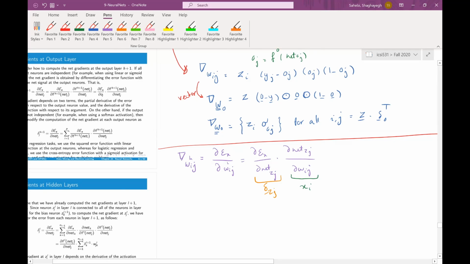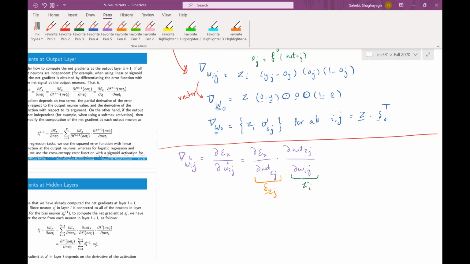But when we have different layers, then this is not going to be x anymore. This is going to be the input to the layer that we have, right? So that is going to be zi now, right?